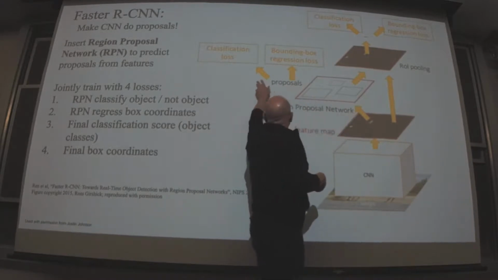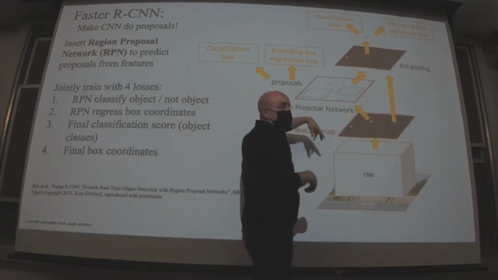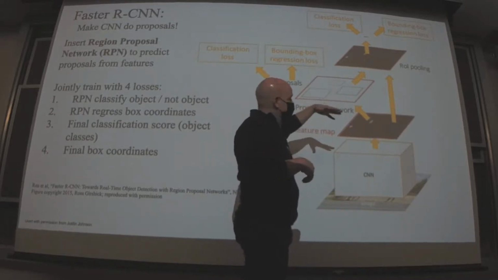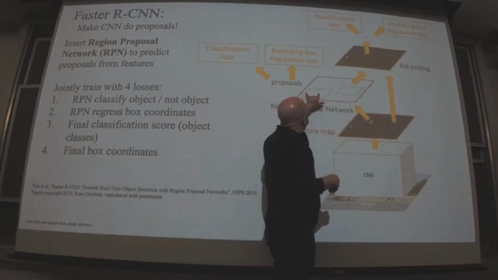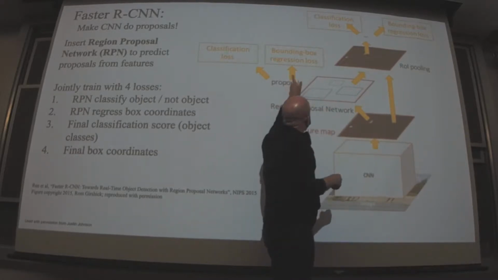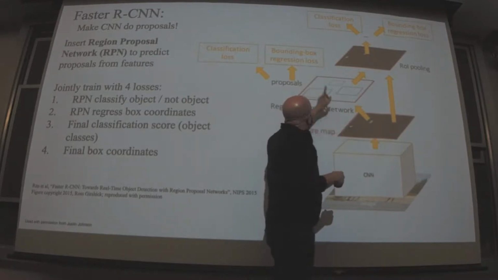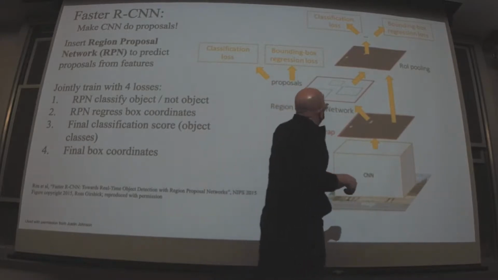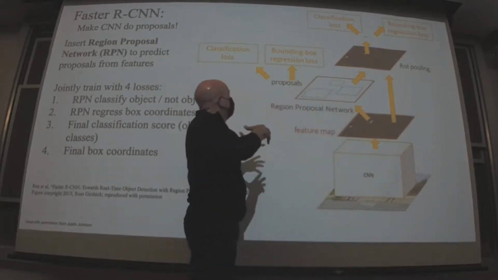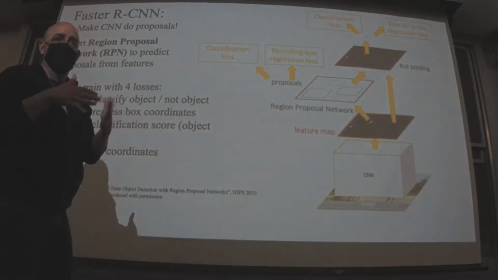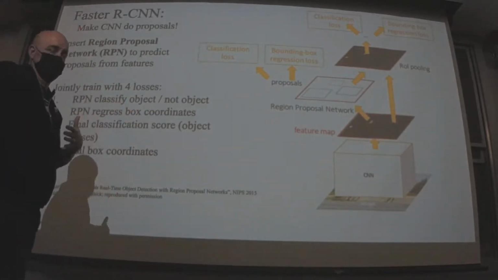Within those regions, you do this classification: is there an object in this or not? If there is, then you regress the bounding box starting from the proposed region to the actual bounding box that contains that object in the labeled training data.